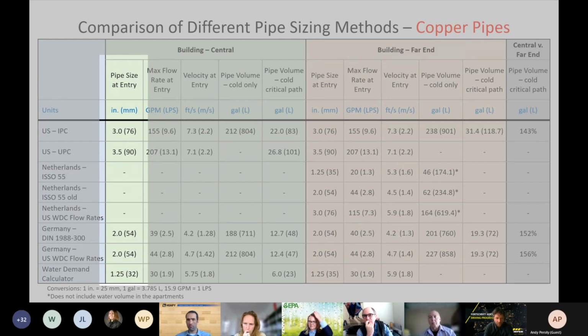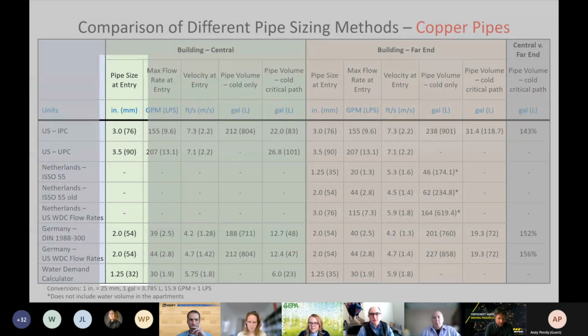And it also shows me the big impact of the simultaneous use function. And that's why we ended up with the same sizes, regardless if I take the German design flow rates for the fixtures, or if I use the converted fixture units into design flow rates and put them into the software. So everything else remained identical: the pipe length, the geometry, insulation, everything, pressures. So those are the only two differences.